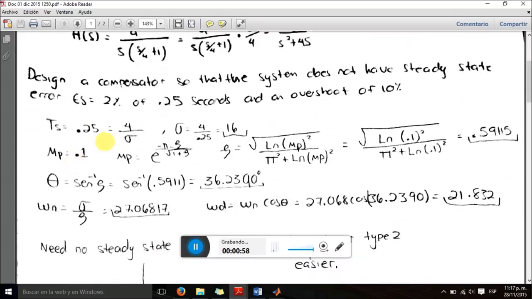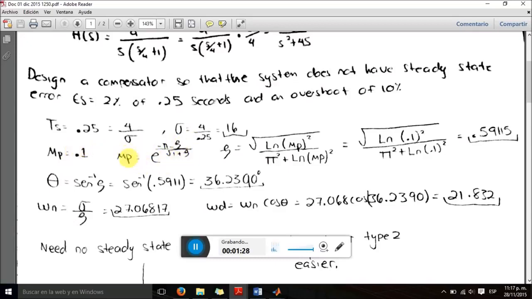So the first thing that we do is we calculate the sigma with this data of the 0.25 seconds, and we obtain that it is 16. Then for the overshoot we were asked to be like 10%.